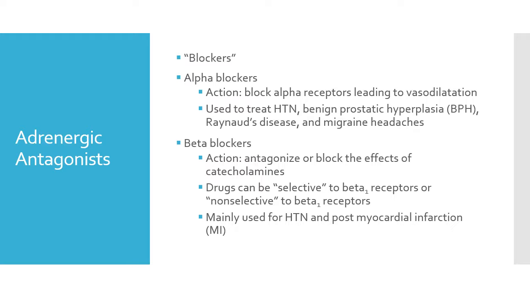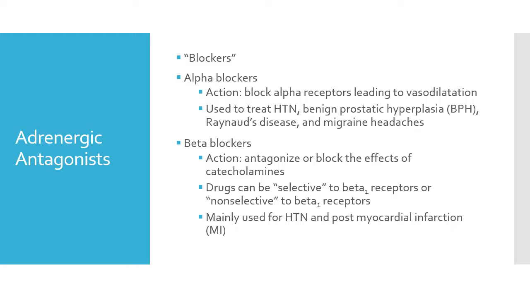Adrenergic antagonists, these are your blockers, you would see either alpha blockers or beta blockers. And basically the adrenergic antagonists block adrenergic receptors directly and indirectly by decreasing norepinephrine release within the sympathetic nervous system.